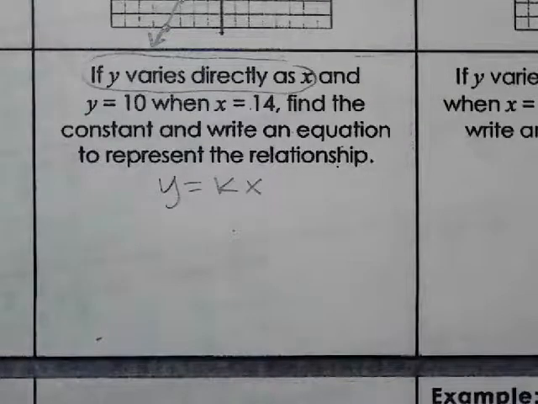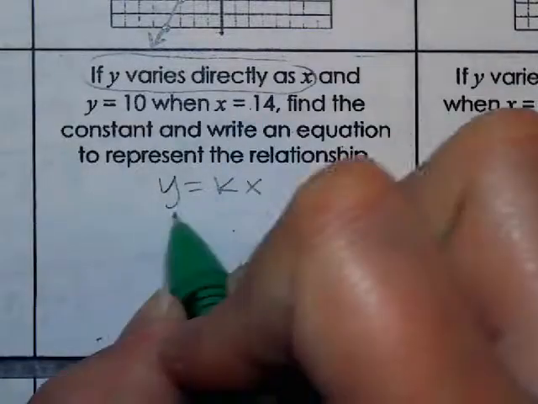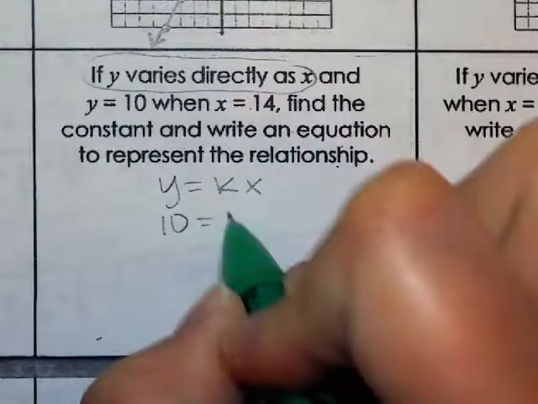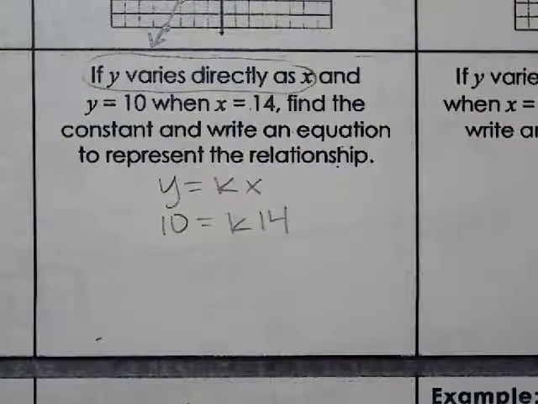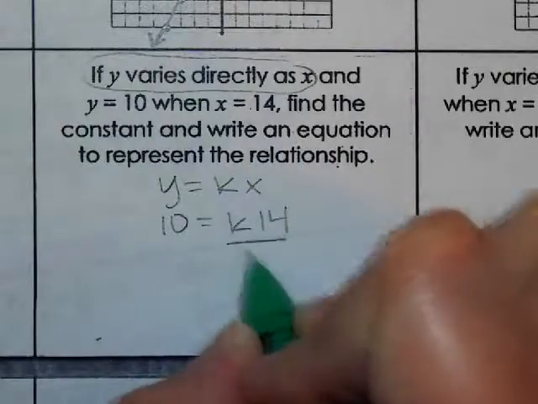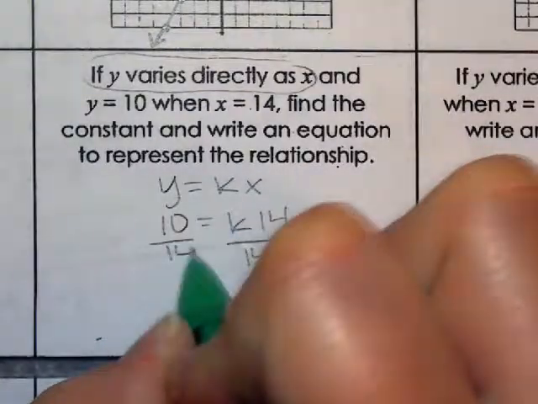Because you have 2 letters, that gives you enough information to solve for the third one. So we're going to plug in 10, we're going to plug in 14, and we're going to use that to solve for k. So if I plug in 10 and I plug in 14, how do I get the k alone? Divide by 14.